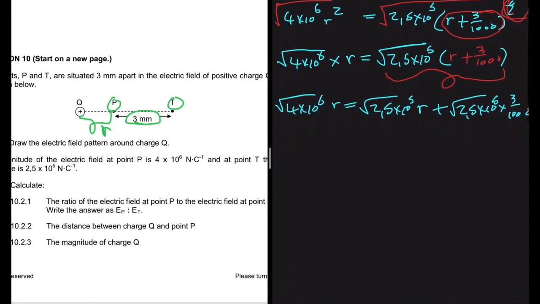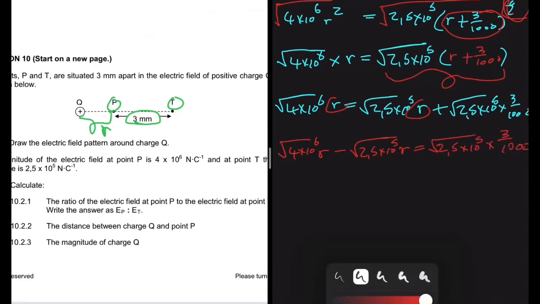So now we have r here, and then we have r here. We group the like terms. So we're going to have the square root of 4 times 10 to the 6 r minus the square root of 2.5 times 10 to the 5 r being equal to the square root of 2.5 times 10 to the 5 multiplied by 3 divided by 1000.